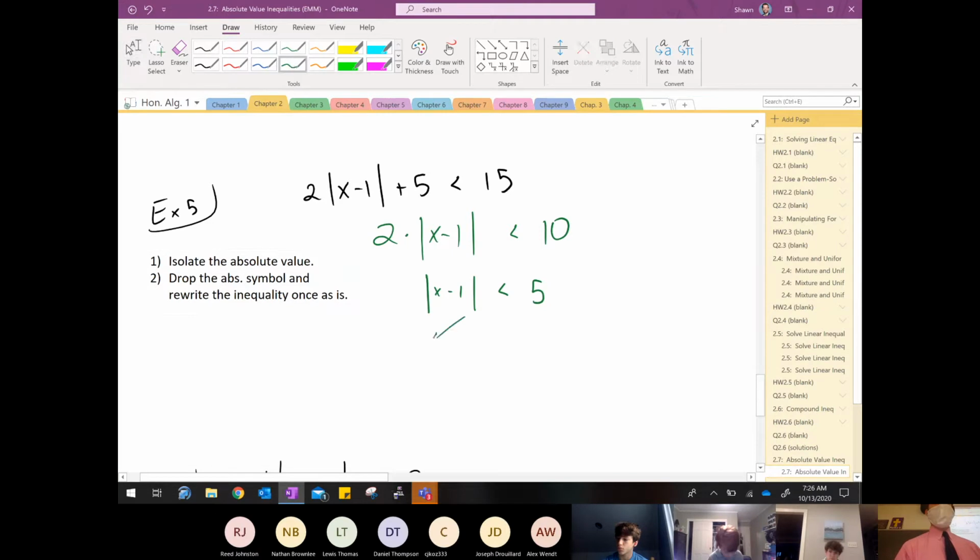I'm going to rewrite this entire expression as is, just without the bars. It is as though you just pretend they're not even there. What would that look like? That would be x minus 1 is less than 5. That's pretty straightforward, right? What did I do? I just mentally erased those two absolute value bars.